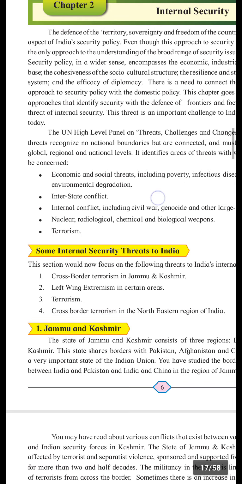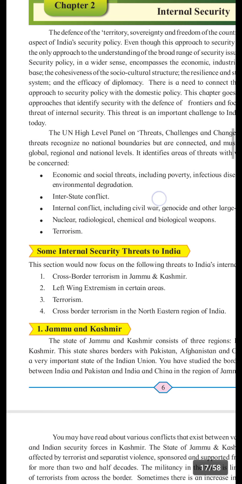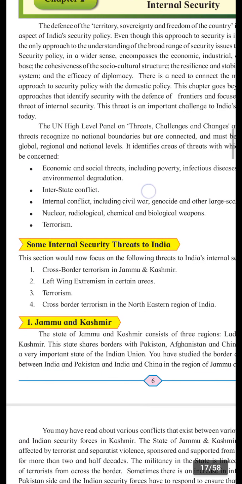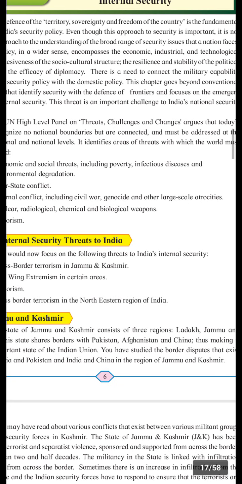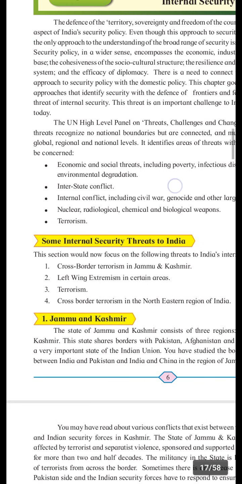In front of India, the principal security concern of defense is related to unsettled borders, and this lesson focuses on the emergent threats of internal security.